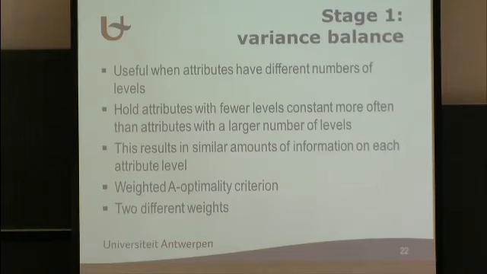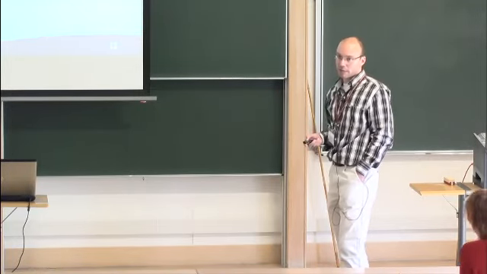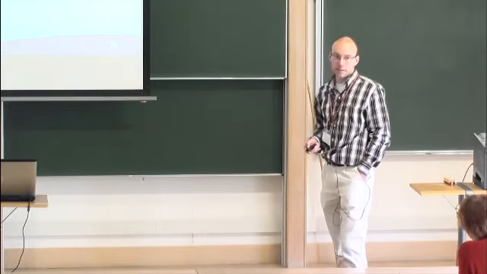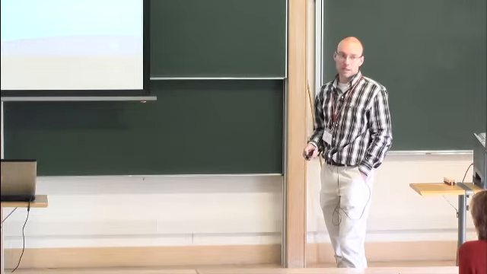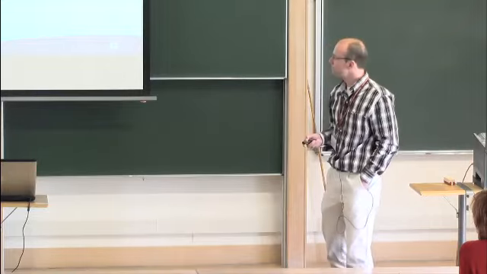Well, technically we used a sort of weighted optimality criterion for the model that's behind balanced incomplete block designs to figure out what attributes we have to hold constant in every choice set. Going into technical detail here would lead us way too far, but we have a pretty clever weighted optimality criterion approach, I'd say, and the weights that we use in that criterion are basically derived from some of the work of Heiko Großmann, from some of the theoretical optimal information matrices. That's where we got inspiration for the weights that we have to use.